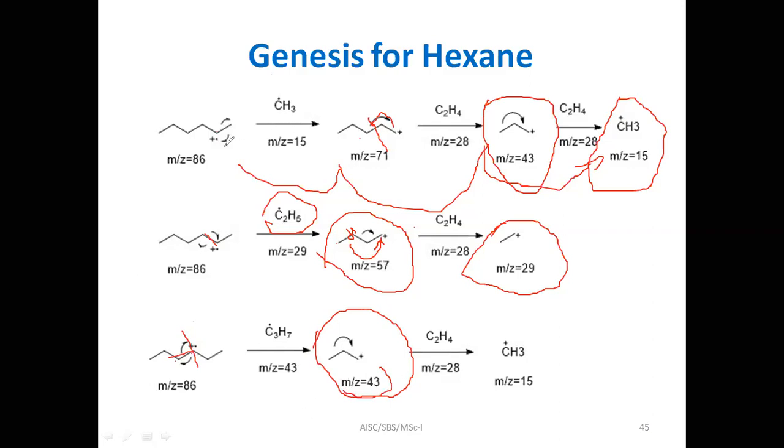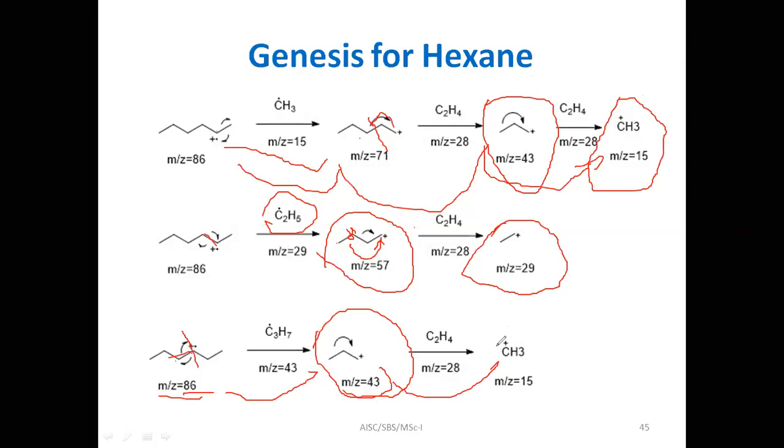In the first case, we look, that is the daughter, and the first daughter gives the second daughter. But here this parent gives that 43 daughter peak directly. So 43 formation takes place in this way also, and this way also. And from this daughter, again for 15 as above, loss of CH2 CH2 ethene molecule.